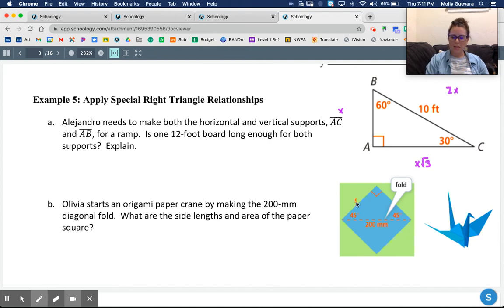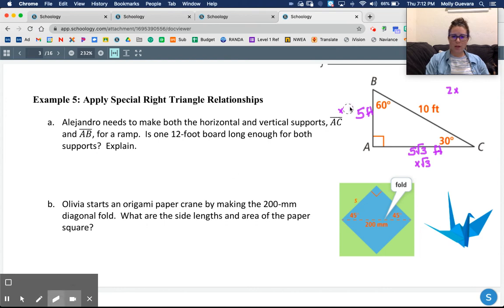Okay, so this tells me that 2 times something is 10. So that tells me that X is 5 feet, which means that this length right here is 5 square root of 3 feet.